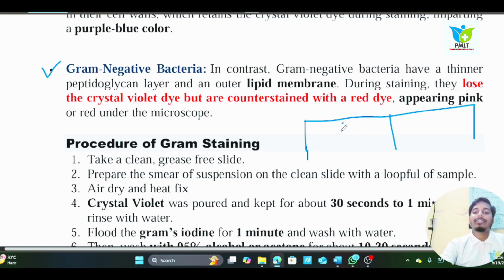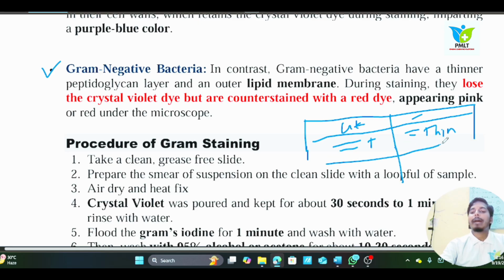See here, that is a gram positive, and here is a gram negative. If you notice, in the gram positive the peptidoglycan layer is very thick, and in the gram negative the peptidoglycan layer is thin. In the gram positive, teichoic acid is present, and in the gram negative teichoic acid is not present.